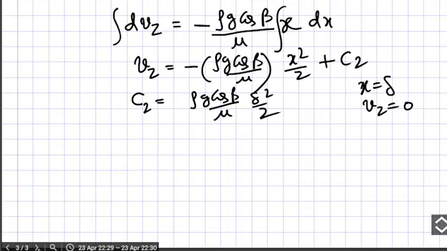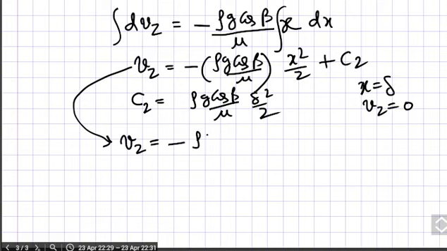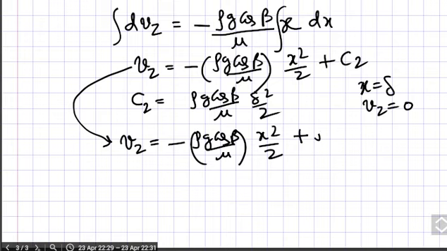So I can write this equation this way. Vz is equal to minus rho g cos beta by mu x square by 2 plus rho g cos beta by mu delta square by 2.